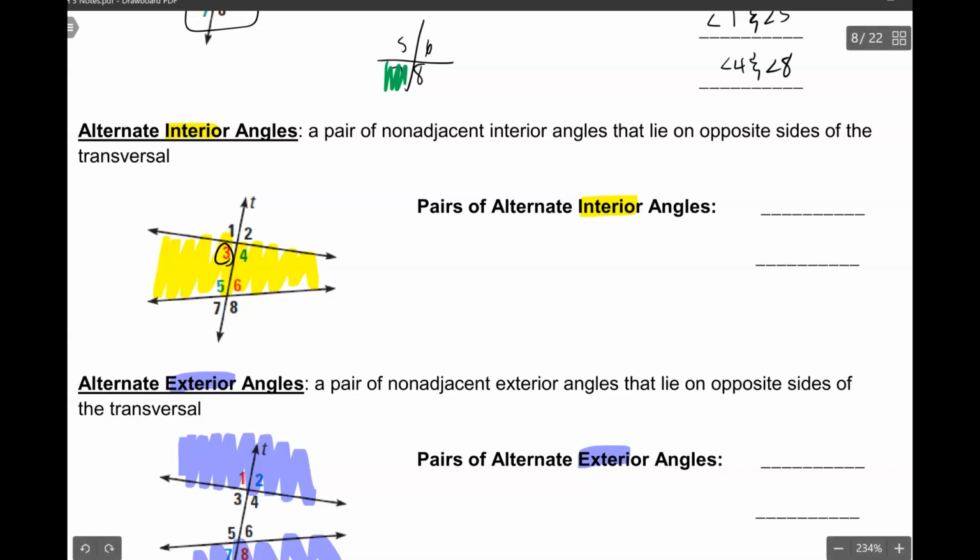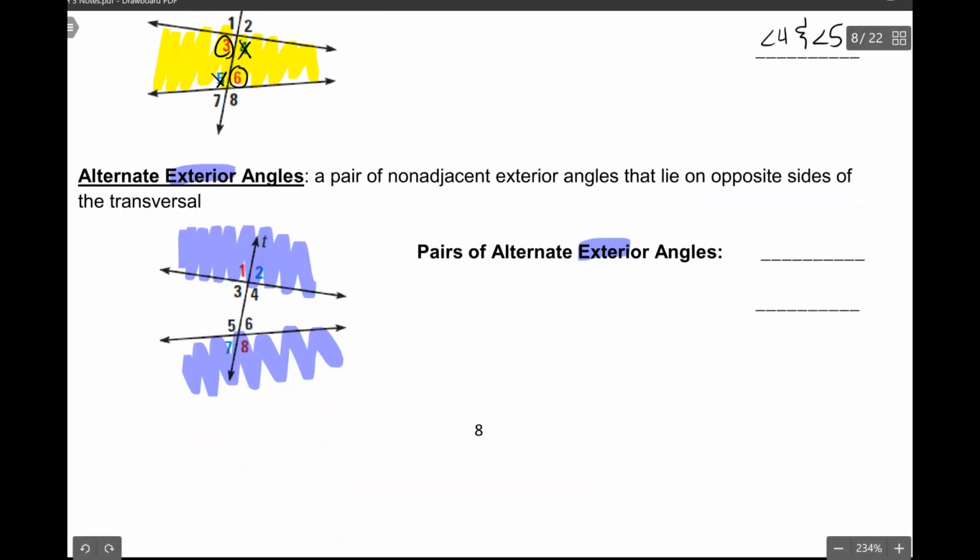So if I say 3, it's not the one that's adjacent to it, and it's not the one on the same side. It's the one that is across, on the other side and down on the other intersection. So angle 3 and angle 6, and then our other pair would be angle 4 and angle 5. Notice they're not right next to each other. They're on two different intersections, across the street from each other, across the transversal.